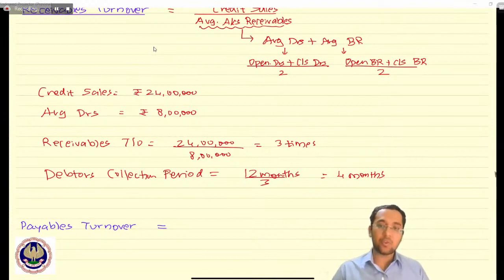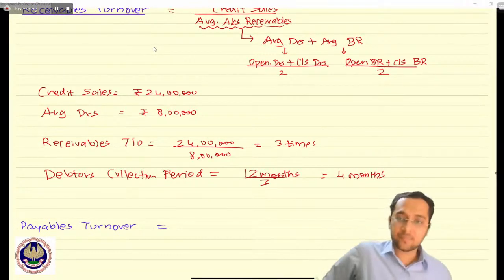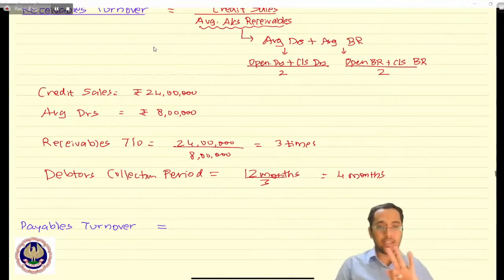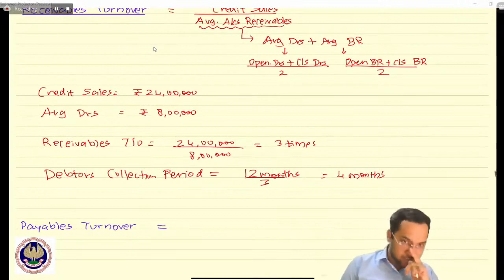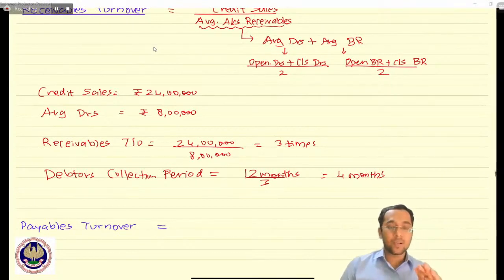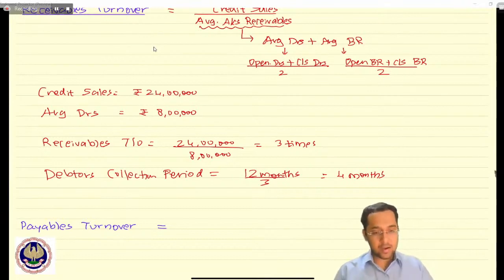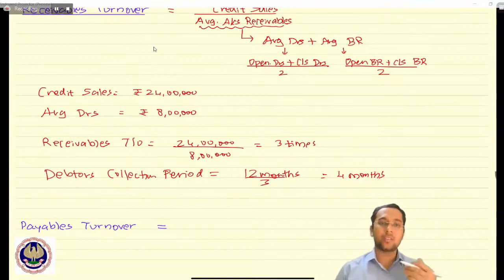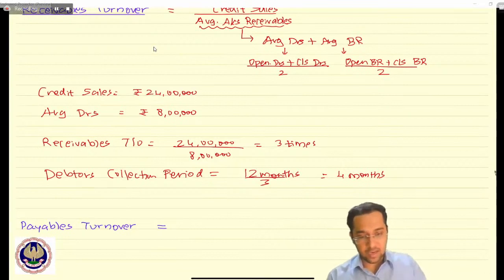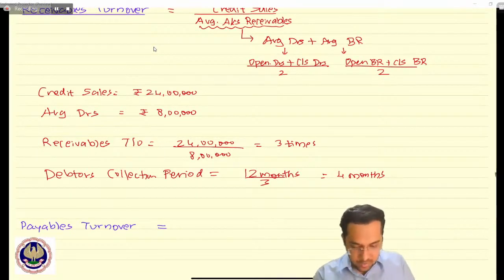So in this way, on an average, you're going to have 3 such cycles, wherein every cycle is going to be of 4 months, and that is what we call the debtors collection period, or also called the receivables collection period.